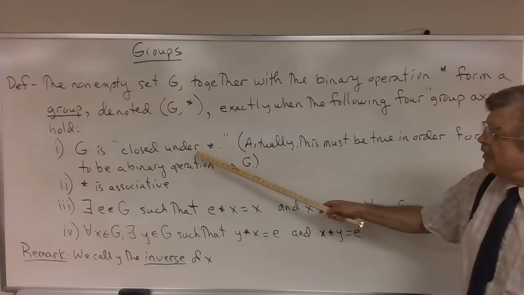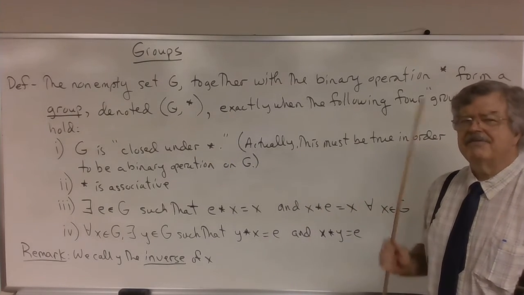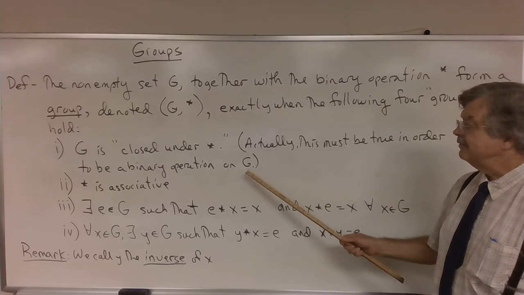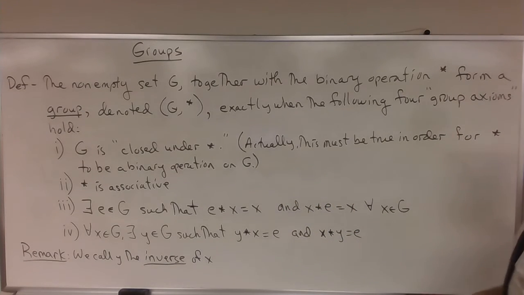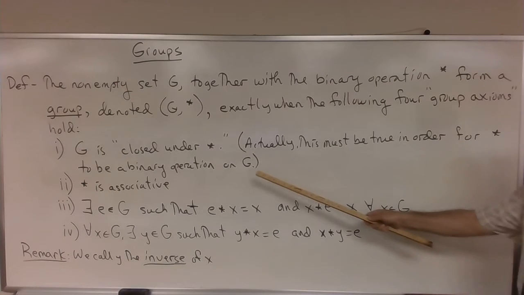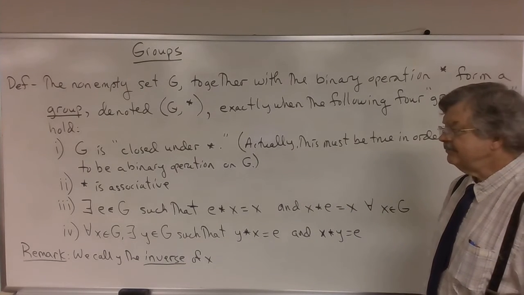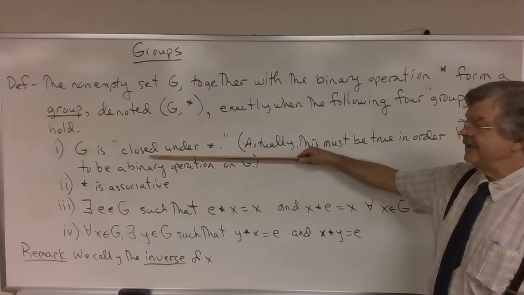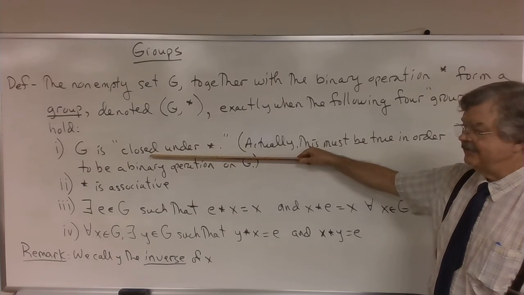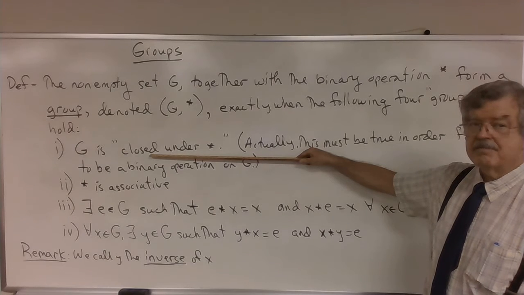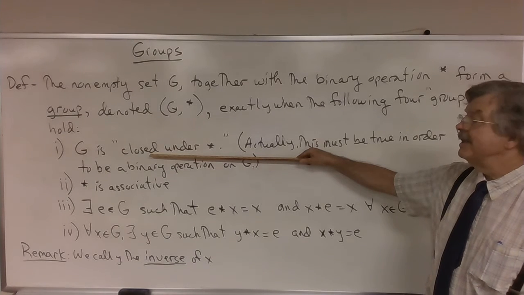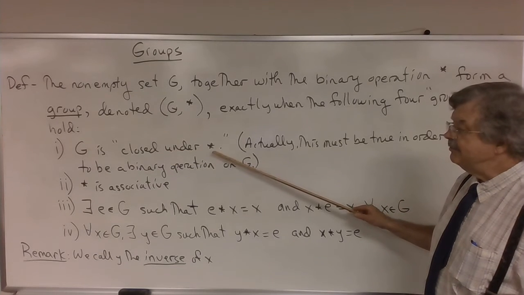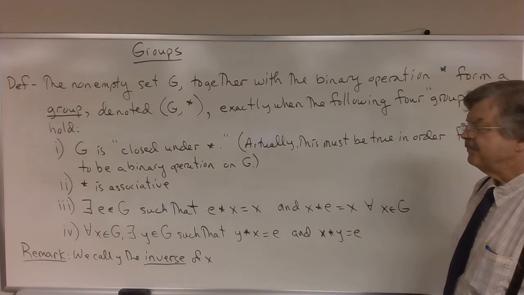So this is somewhat redundant because our definition of binary operation requires that it's closed on the set G. Anyway, first condition, our binary operation has to be closed on the set G. Every ordered pair of elements in G is assigned another element in G by this binary operation.